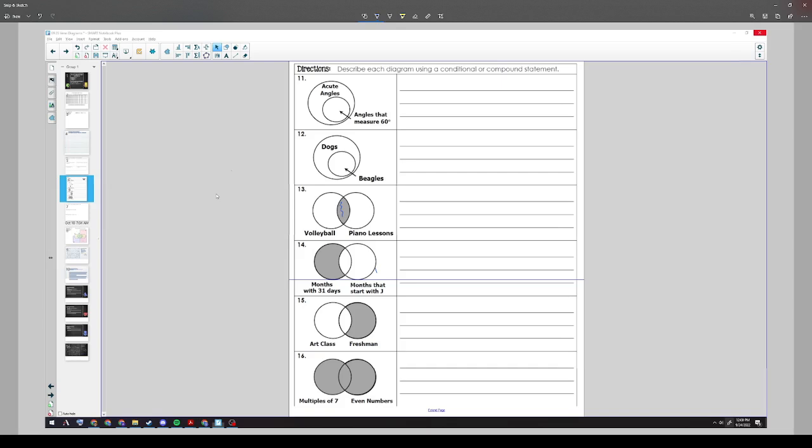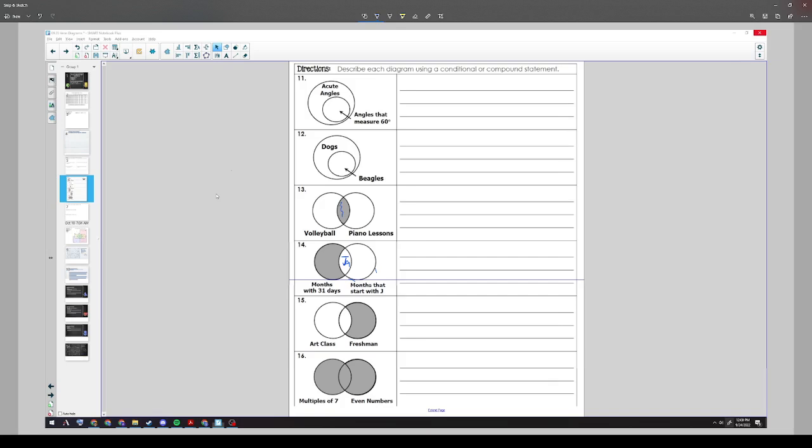So this is no months that start with 31. No, this has some overlap. So this is months with 31 days that don't start with J. So this is basically all of the not January months that have 31 days. So this overlap here would be January, and this is all of the 31-day months other than January.